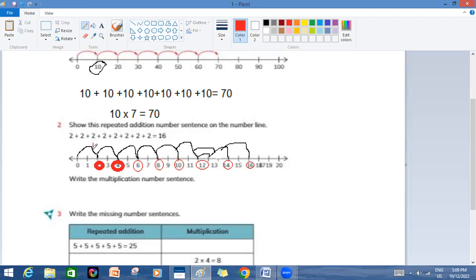Each time what we are doing, repeated additions. Plus 2, every time we are adding 2. So we are going to add 2 8 times to get 16. Like this.